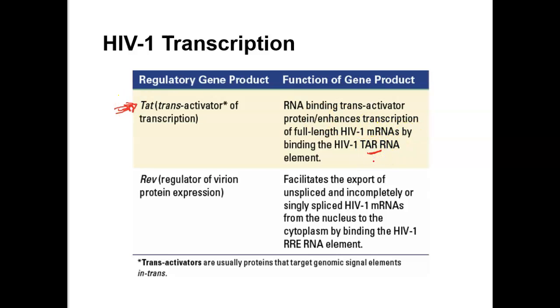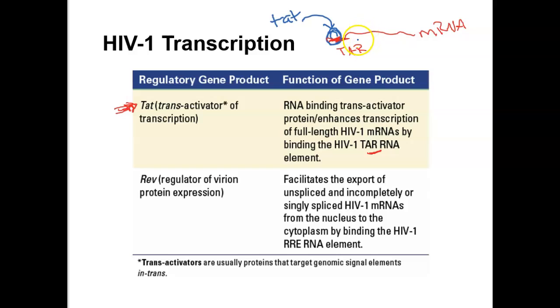TAR is the trans-acting response element that is in the viral mRNA. So if you've got viral mRNA, in the viral mRNA, you've got TAR. And TAT has to bind to TAR in order for transcription to be efficient.